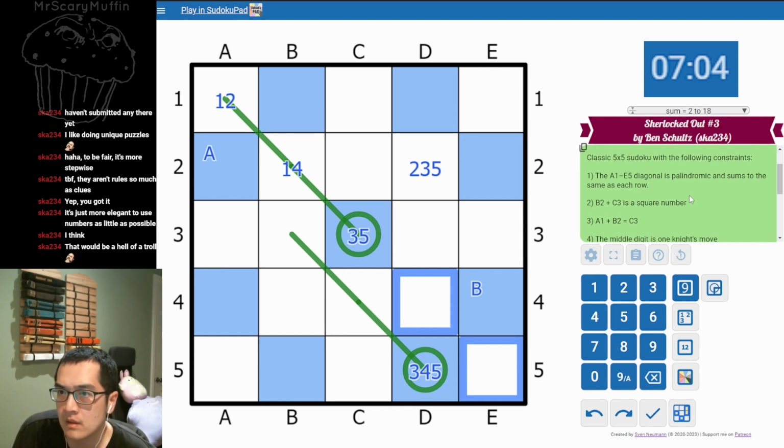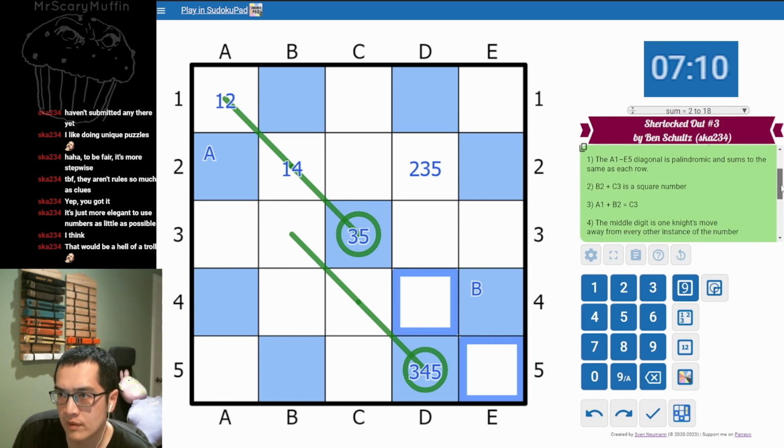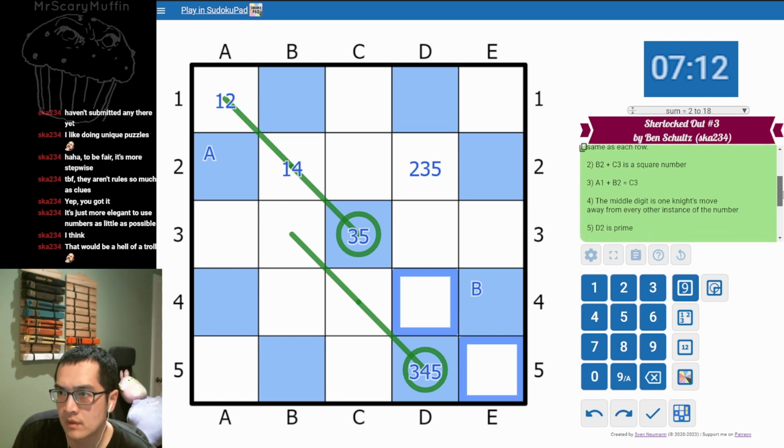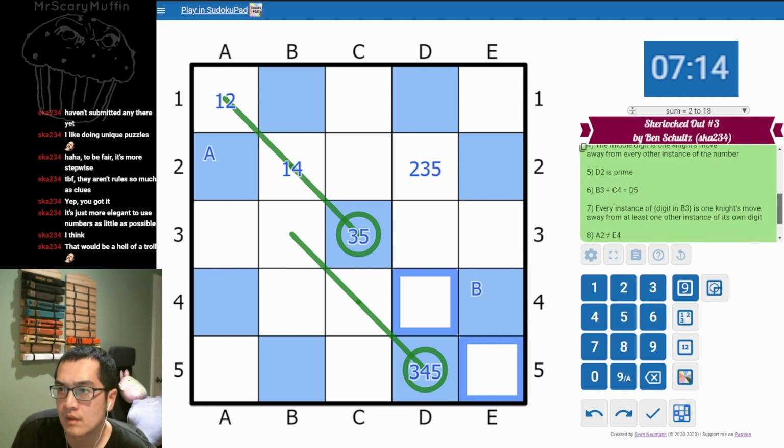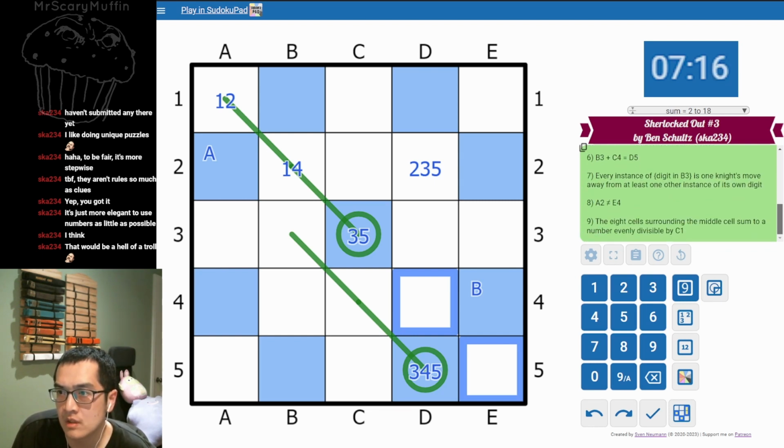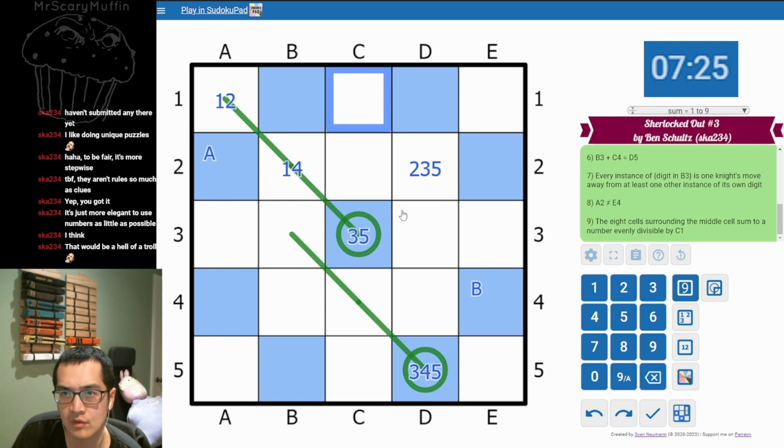Okay, let's see. Exhausted a few clues. We still have clue number 1 to work with, clue number 4, clue number 7, and clue number 9. So we got 4 things left to work with. 9 we're already ignoring because I think we need to figure this out before we do anything.